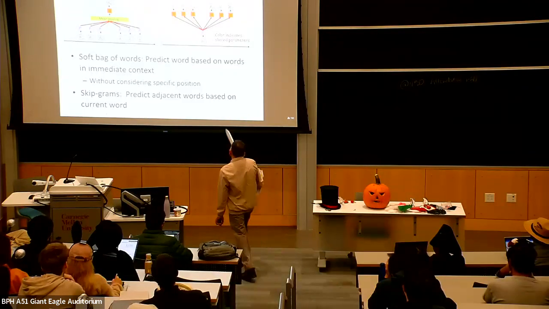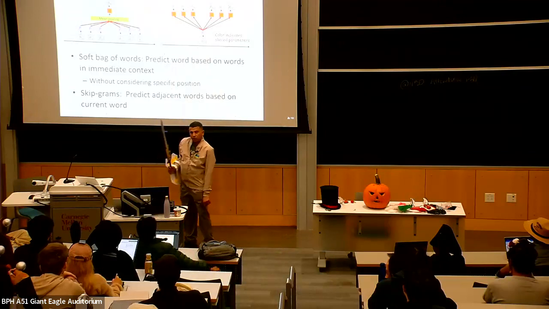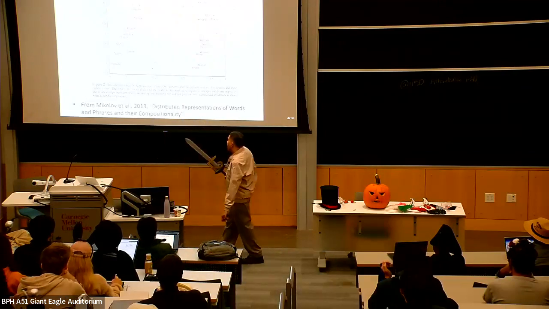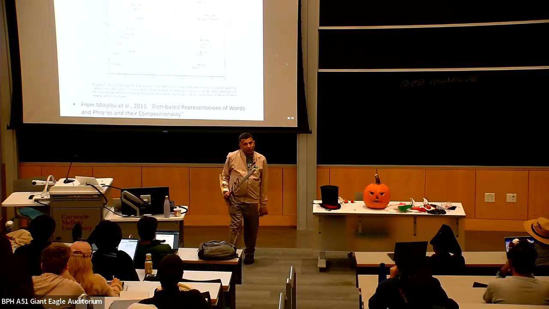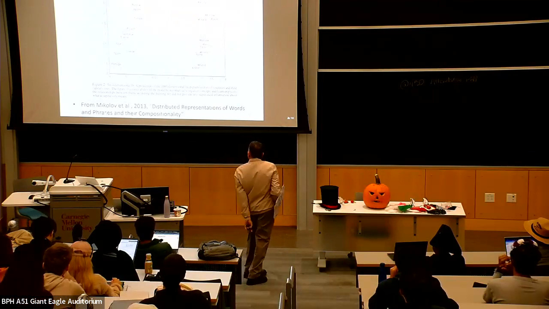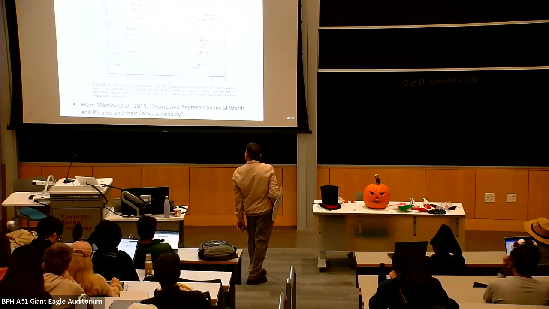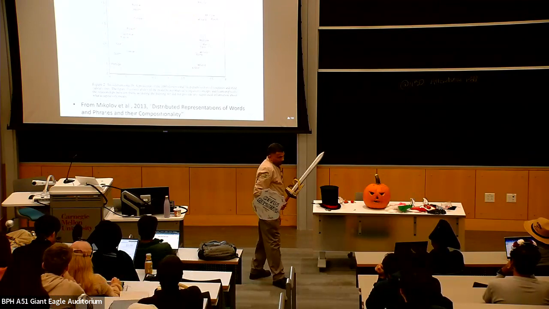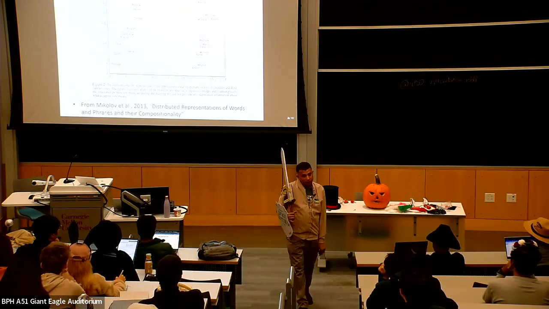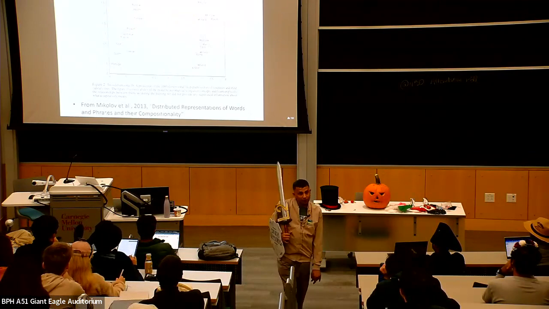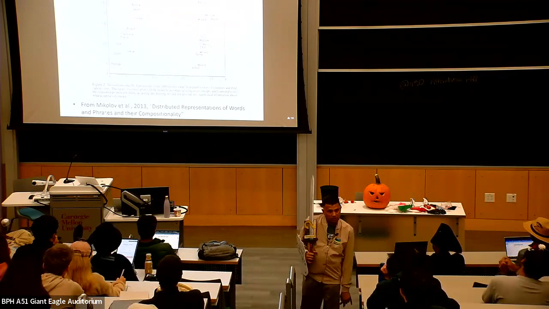And again, the key here is that there's a projection operator which is projecting the word down. And once you project the word down, there was this famous paper back in 2013 by Mikolov et al., where they showed that if you learn these projections properly, you end up capturing some very interesting relationships between words.